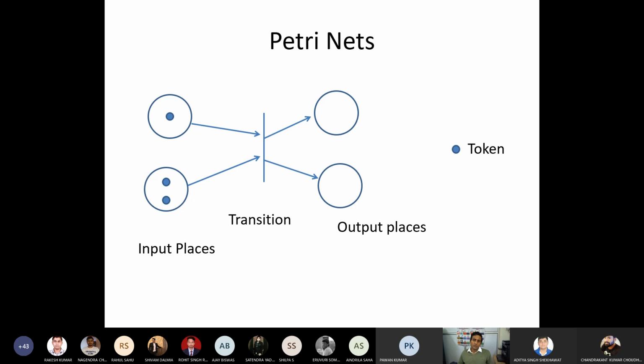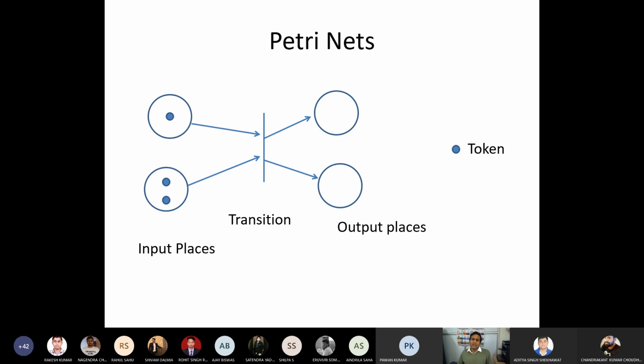Unless or until a place has some data for processing, you are not allowed to fire the transitions. Each and every entity or place should have some data before processing. That can be represented through a concept called tokens.